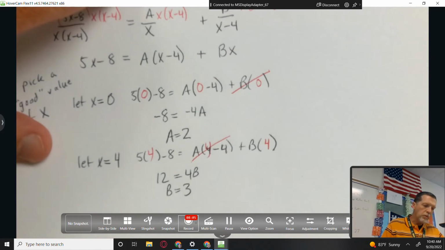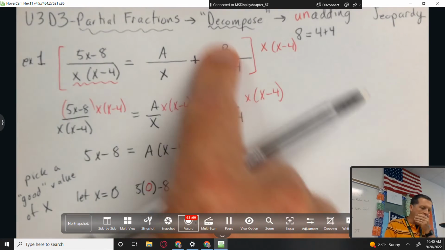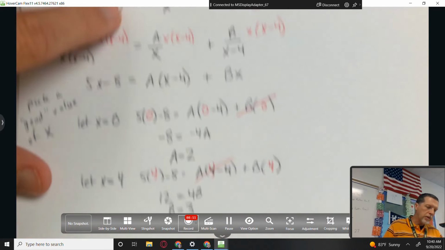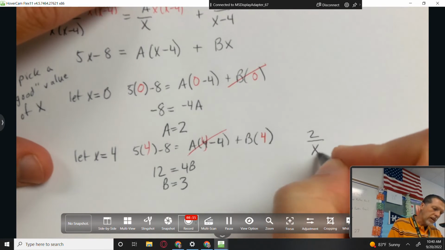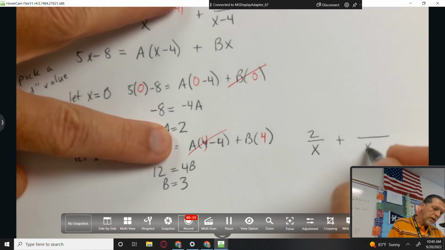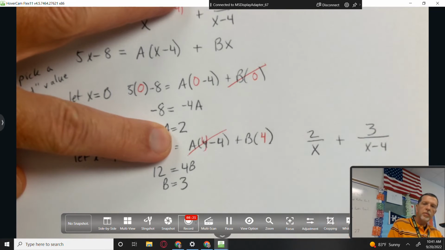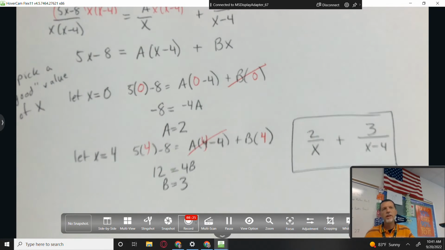So I need to rewrite the addition problem, but now I know what a and b are. So it's a over x, so 2 over x, plus b over x minus 4, but b is 3. So there's my partial fraction decomposition.